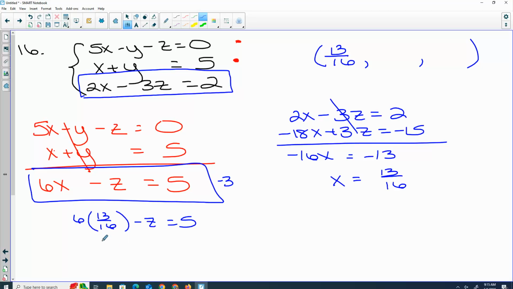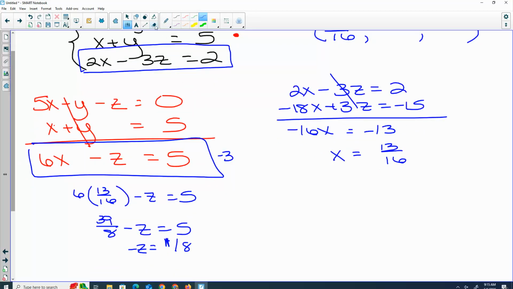What does that give me? 39/8. Subtract that over, we get -z equals 1/8. Divide by the negative. So z is -1/8.